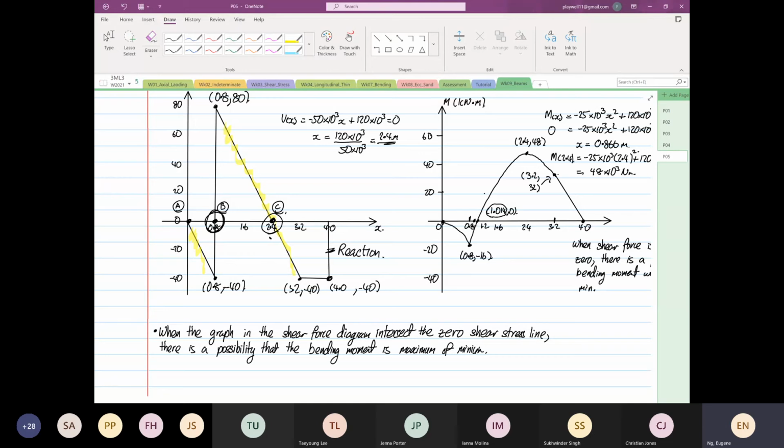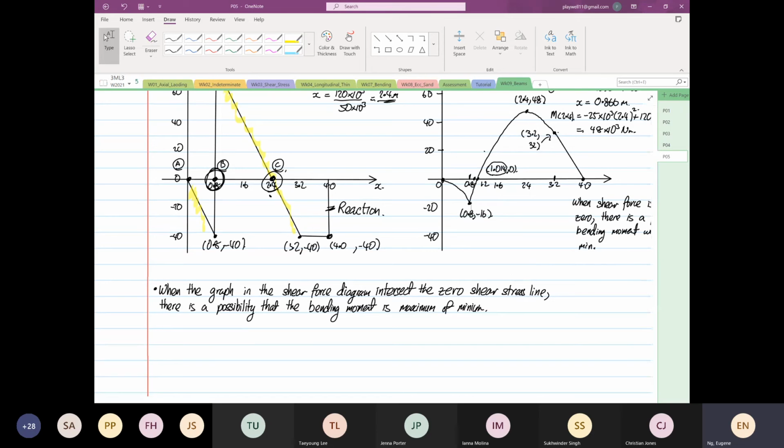When it's an evenly distributed load, the shear force has a linear gradient. And if you look at the bending moment at this point, it's a curve. So the shear force in terms of distributed load is a straight line, linear gradient. The bending moment will be a curve. So that's the next thing we discover.